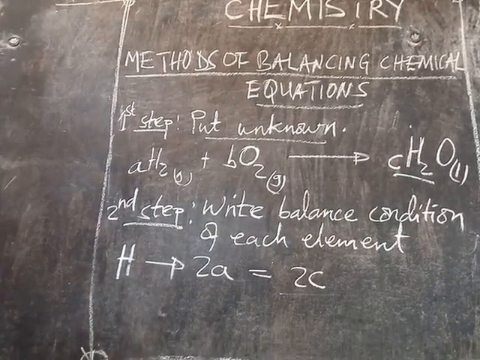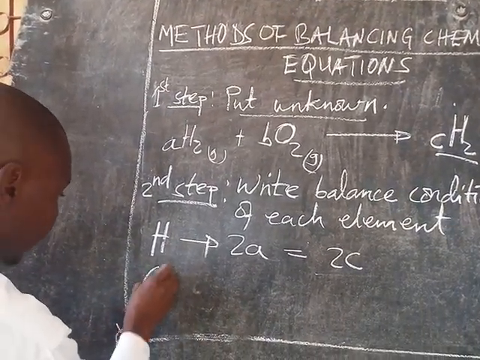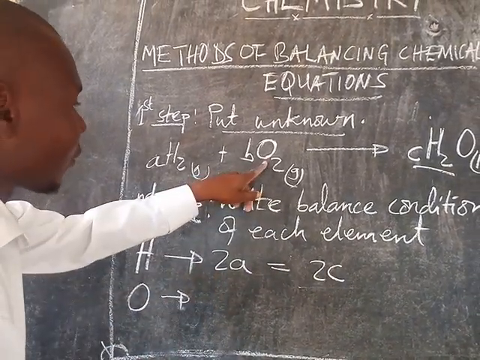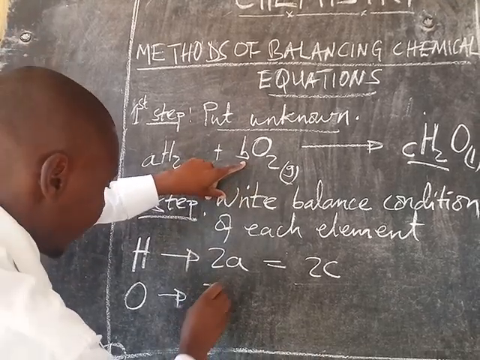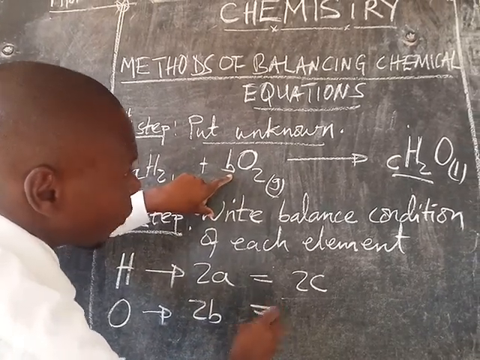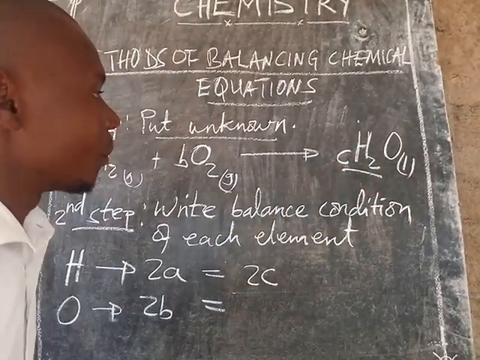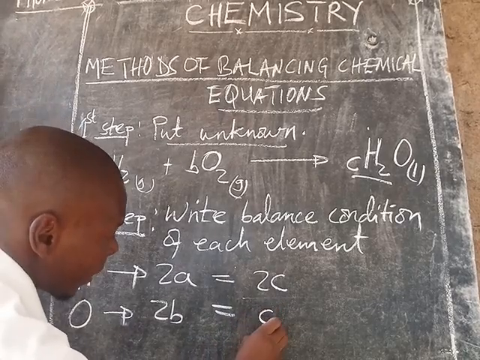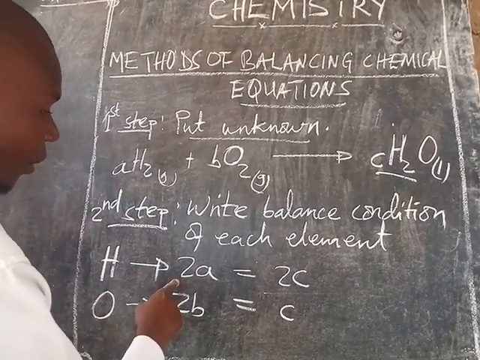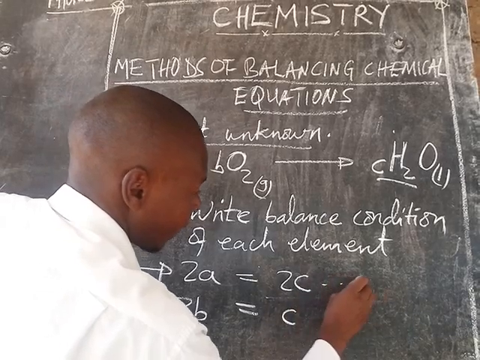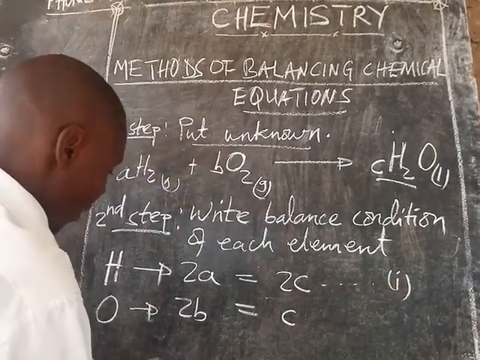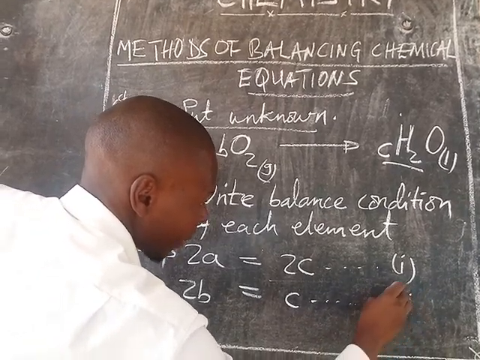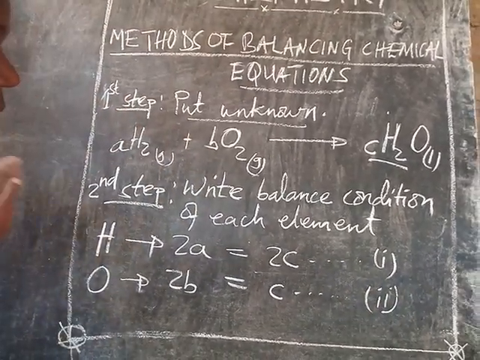Then for oxygen, we have two atoms of oxygen in term B, so we write 2B is equal to, we have one oxygen atom in term C, so we write is equal to C. So the balance condition for hydrogen gives us the first equation, while the balance condition for oxygen gives us the second equation.